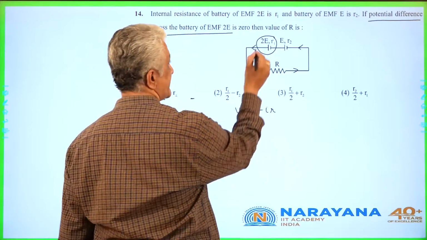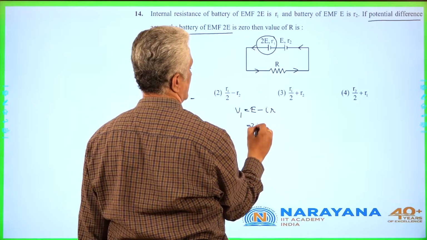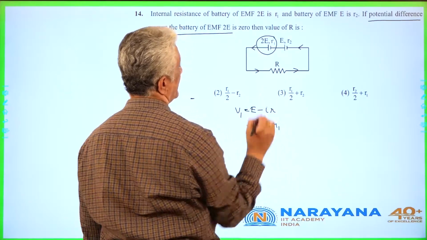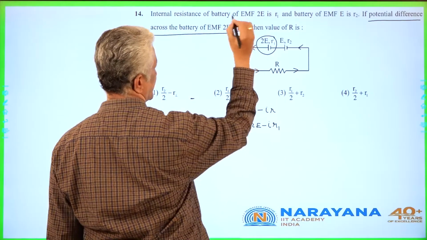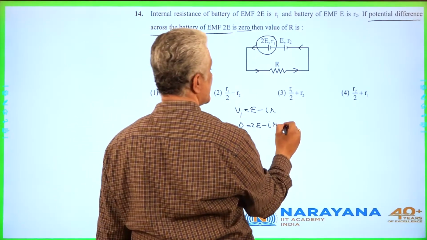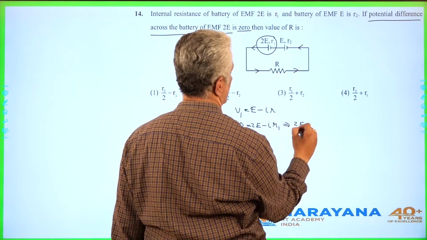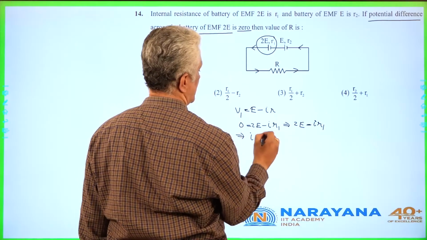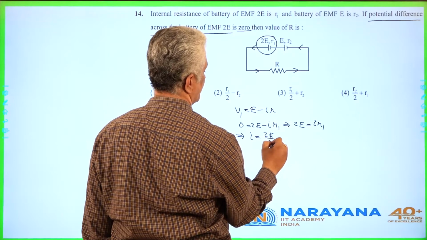But here E is 2E, minus I into R1. And it is given that this is 0, so definitely 2E should be I R1, and I should be 2E by R1.